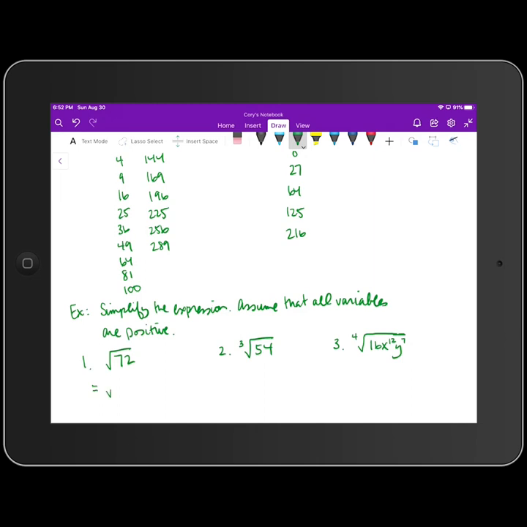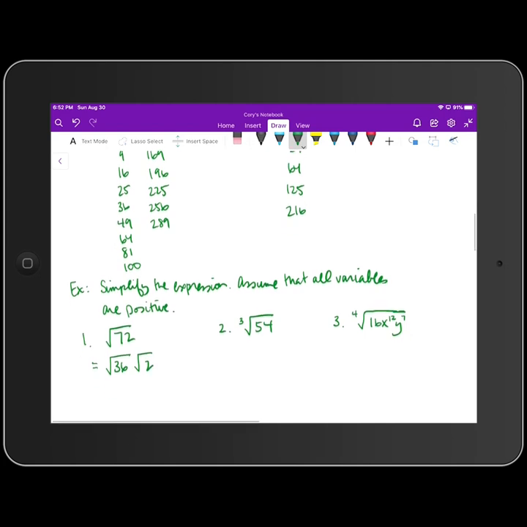So I'm going to break rad 72 up into the square root of 36 times the square root of 2. And the square root of 36, we know that 36 is a perfect square, so rad 36 is going to be 6. And then we're left over with the square root of 2. So that's what the square root of 72 simplifies to.